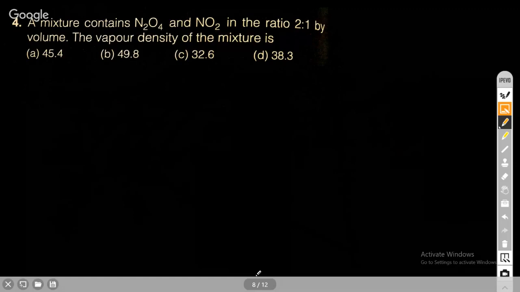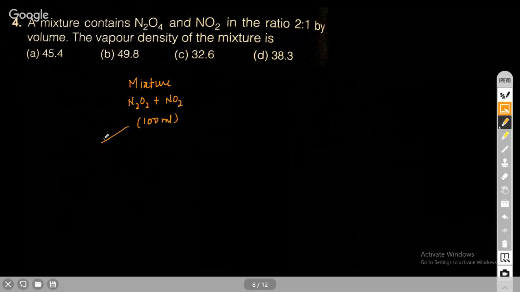Okay, so you see this question, the mixture of N2O4 and NO2. What we assume is this has 100 ml of mixture. Volume I have assumed total 100.